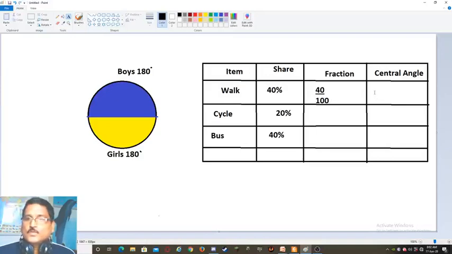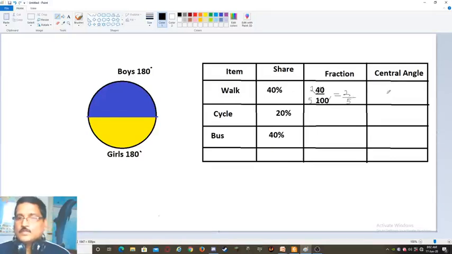After cancelling, how much am I getting? 5 by 2. If I cut the 0 here and the 0 here, 4 cut by 2 will be 2, and it is 5. Okay, that means it is coming 2 by 5.